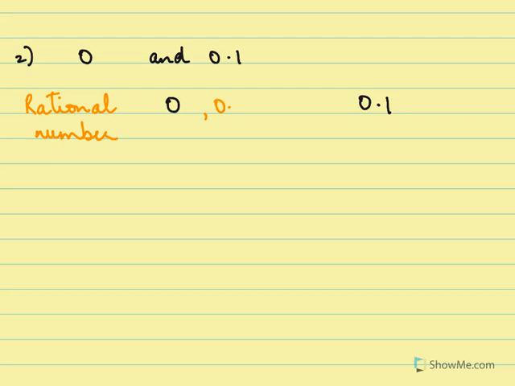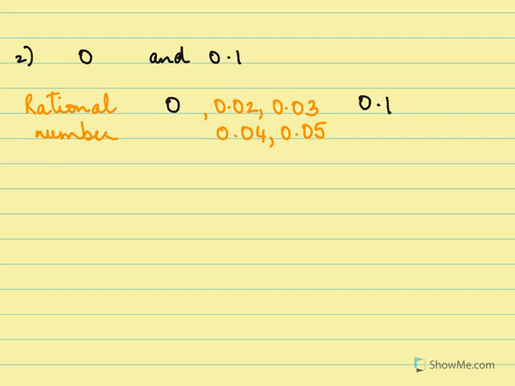And for the second sum, we have to find a rational and irrational number between 0 and 0.1. So first, let's find a rational number. So this is 0 and this is 0.1, and we just need to find a decimal. So the decimal could be 0.02 or 0.03 or 0.04, 0.05, all these.